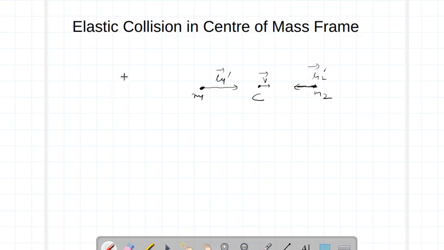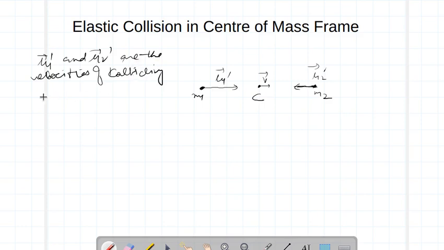So u1 prime and u2 prime are the velocities of the colliding particles when seen from the center of mass, right?